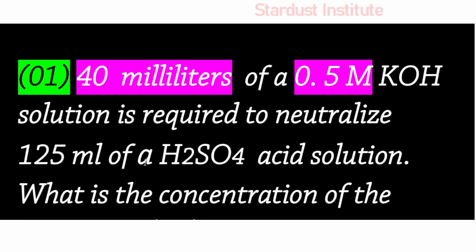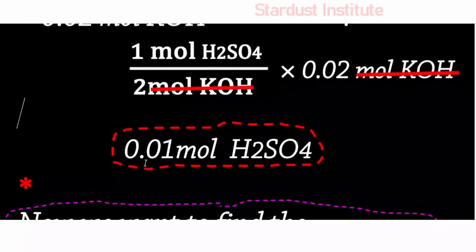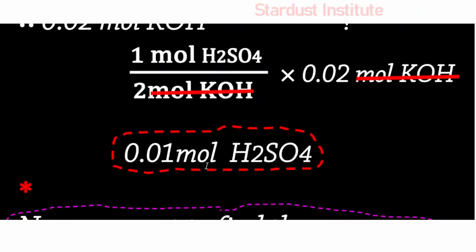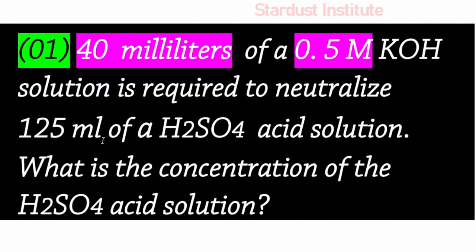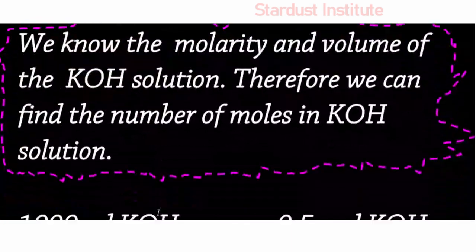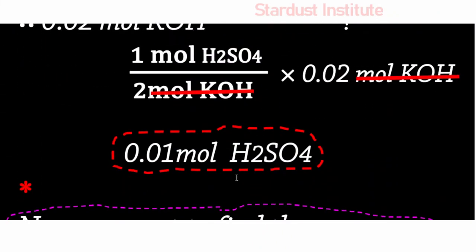That means there are 0.01 moles of sulfuric acid in these 125 milliliters. Now we want to find the concentration.